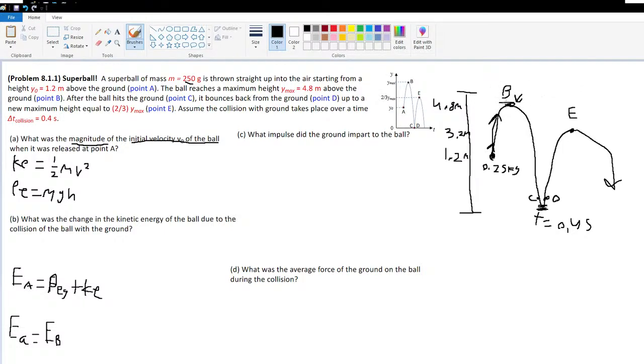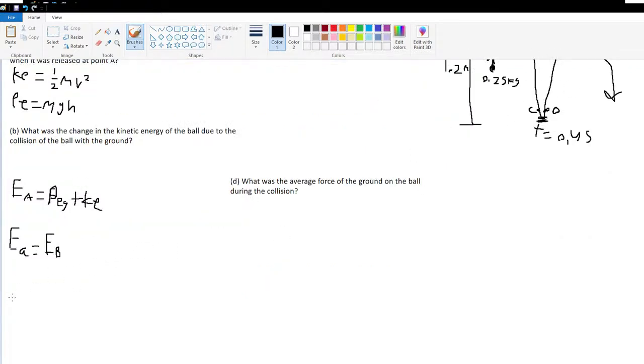It's just chilling in the air, and this is where all of its kinetic energy has been converted into potential energy. So we can write this whole equation as: potential energy at B is equal to potential energy at A plus kinetic energy at A.